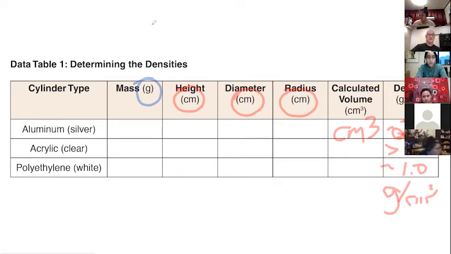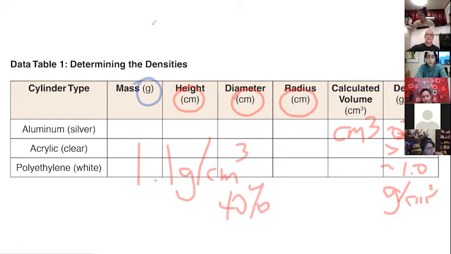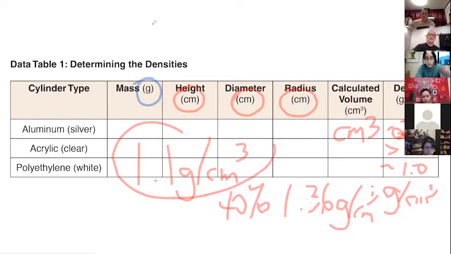So for instance, if we figure out that polyethylene is 1.1 grams per cubic centimeter and a 40% sucrose solution has a density of 1.36 grams per cubic centimeter, is this going to sink or float when we put it in the solution? Float. It should float, right? So that is one of the tables you're going to make, where you're going to make a prediction.